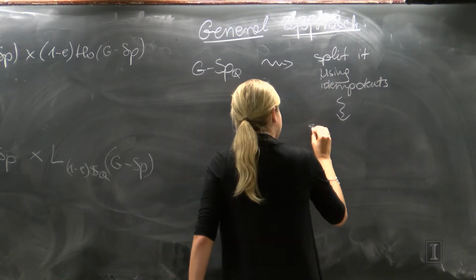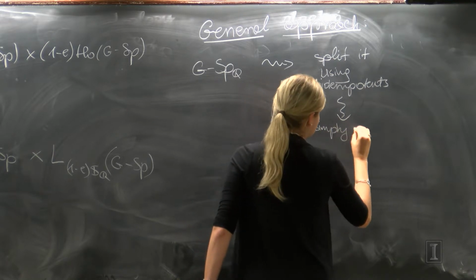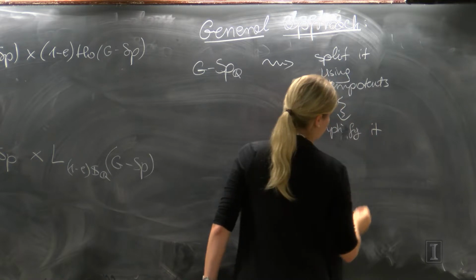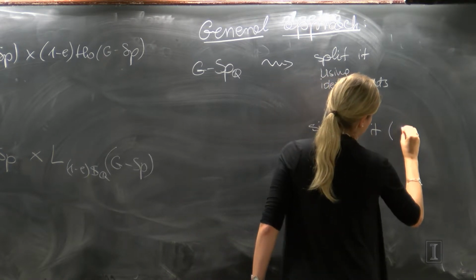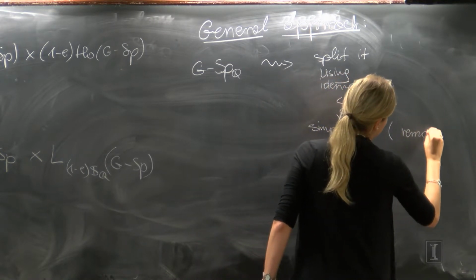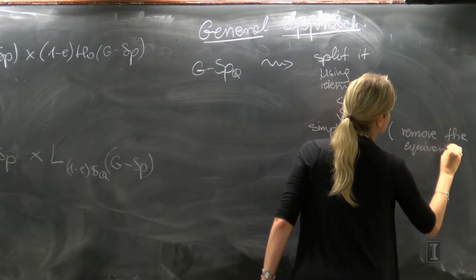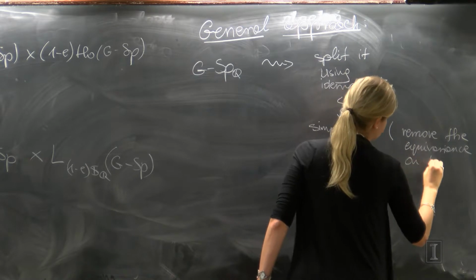You try to simplify it as much as you can, and what I mean by that is remove the equivariance on the outside.